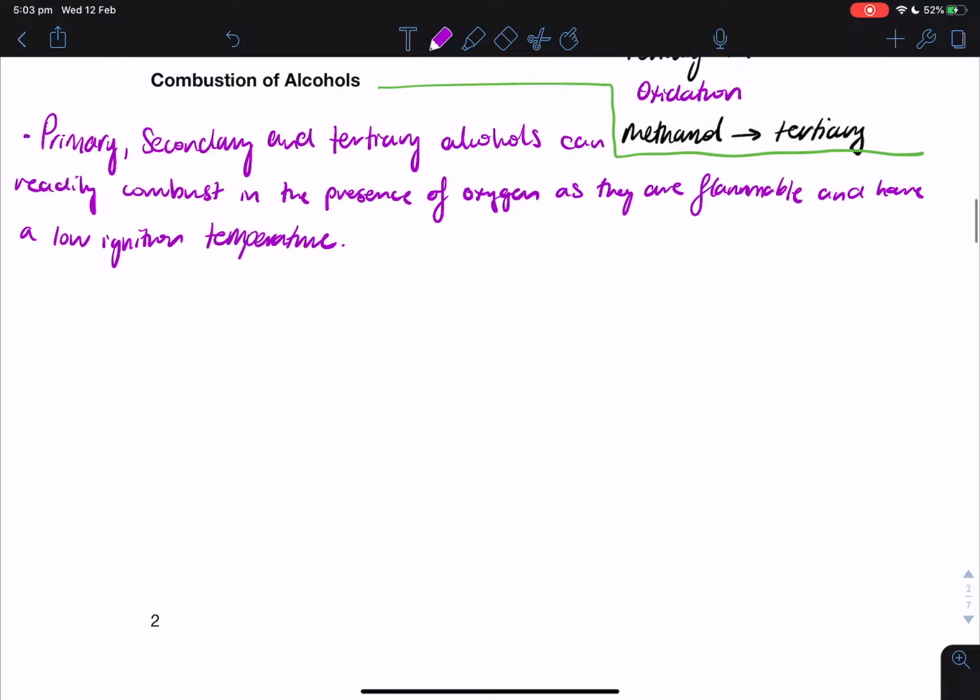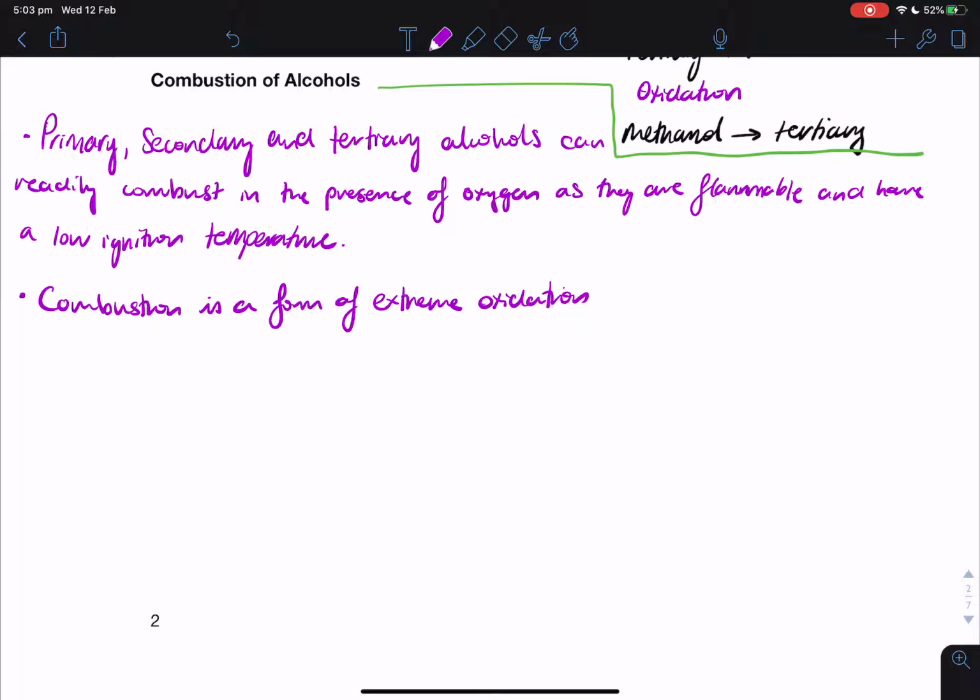So let's actually go through what combustion is. Combustion is actually a form of extreme oxidation. Let's write that down. Combustion is a form of extreme oxidation. We spoke about oxidation a little bit before, but we didn't really go through it in detail.